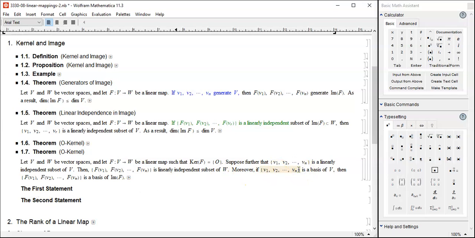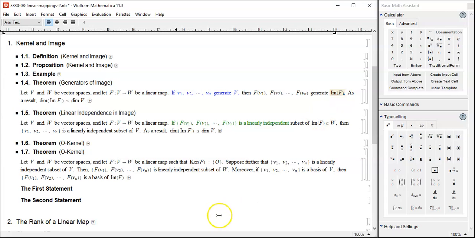If v1 through vn is a basis of v, then f of v1 through f of vn is a basis of image. Let's see. We already proved that if v1 through vn generate the original space v, then the image vectors f of v1 through f of vn generate the image space. We already proved it in 1.4.